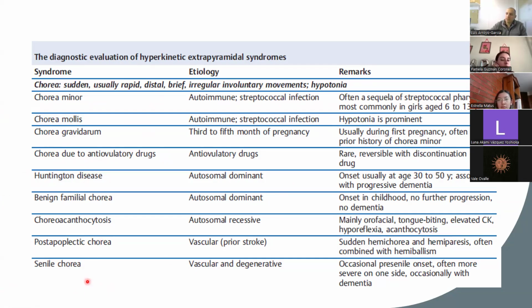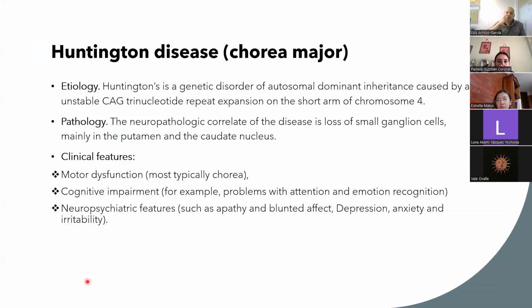But basically, what we need to understand in the pathophysiology is how the map that we have seen with Parkinson's is affected in each of these diseases. Huntington disease is a genetic disorder with an unstable trinucleotide repeat in the short arm of chromosome 4.